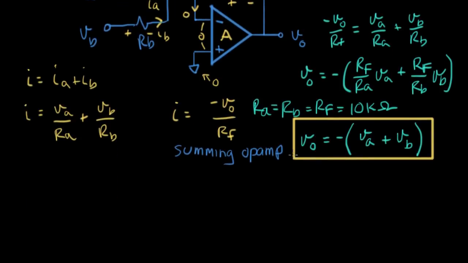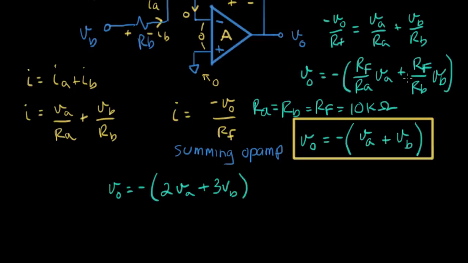Let's say I want to use my summing op-amp in an application where I want V out to equal, say, minus 2 times VA plus 3 times VB. Okay, this is what I want. How do I do that? These two coefficients here are functions of the resistor values.